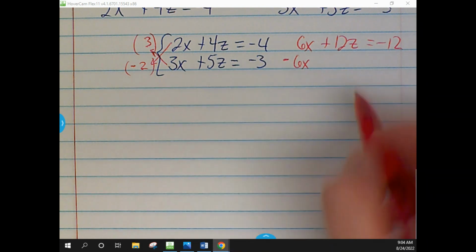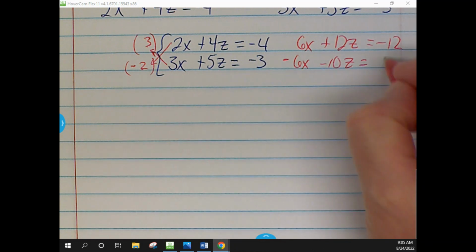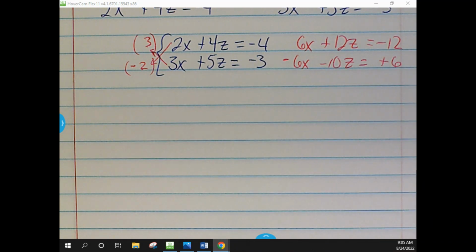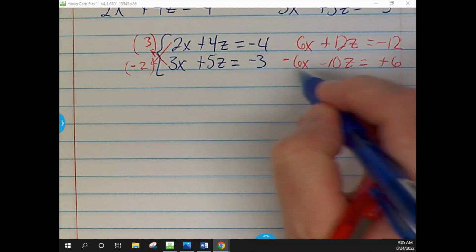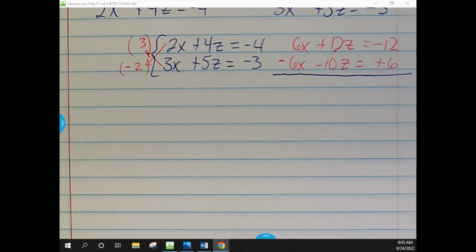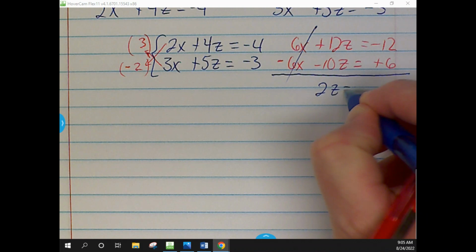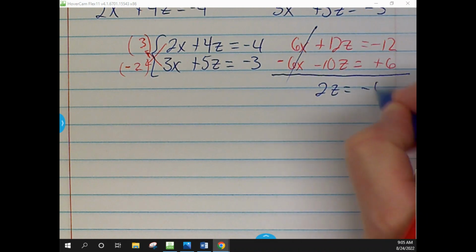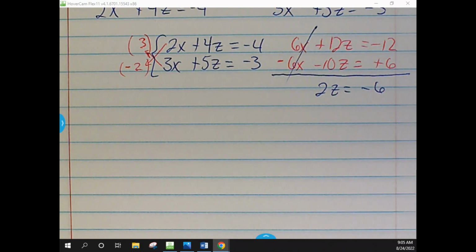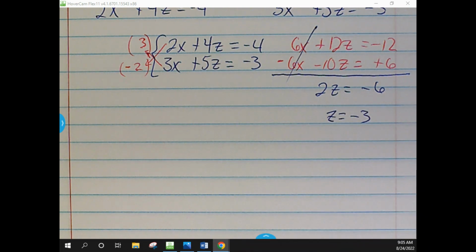We've got a -10z, and then we've got a +6. Okay, that will cancel. That's out. That's gone. Now we've got 2z equals -6. So z should be -3.